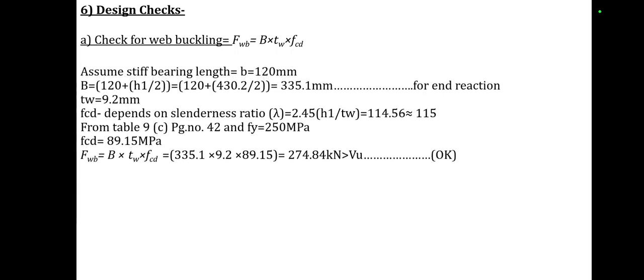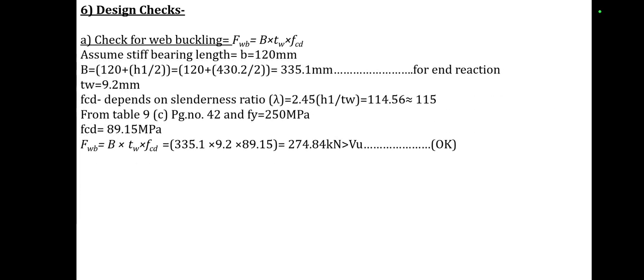Then the design checks. The first one is the check for web buckling. Students, note that we have to check the beam for web buckling as well as for web crippling. The formula for web buckling force FWB is equal to B into TW into FCD. Now assume the stiff bearing length small b is equal to 120 mm.